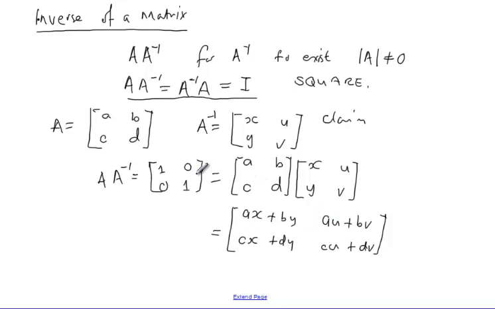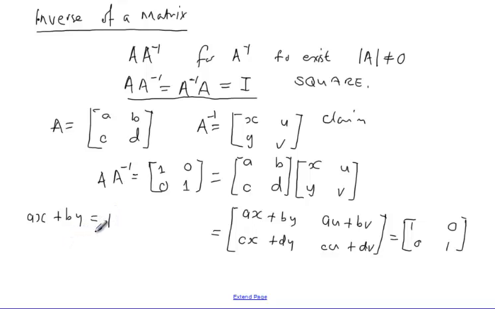What are we getting here? Because this is equal to this. Let me write it here and say this multiplication is equal to 1, 0, 0, 1. But what is that telling us? It's telling us that AX plus BY is equal to 1.